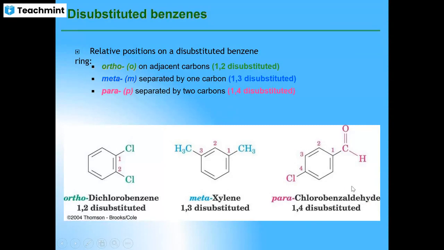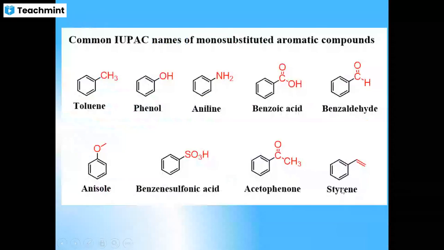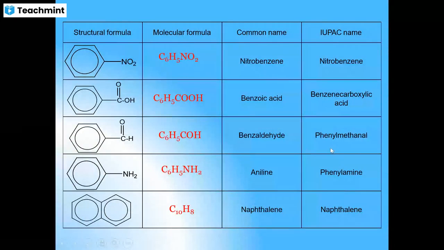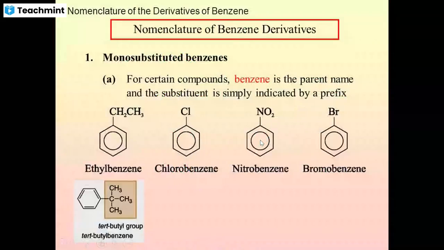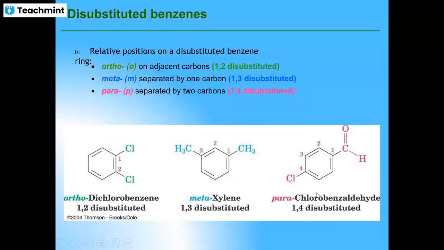Benzaldehyde is the common name, while the IUPAC name is phenylmethanal. So directly we can use the common name in this case. So para-chlorobenzaldehyde, directly we can give the name to this compound. So it would be easy for us. IUPAC also accepts some common names, so we have to take care of that also.